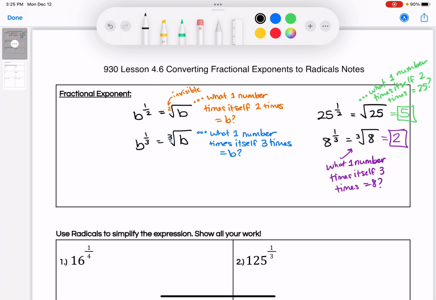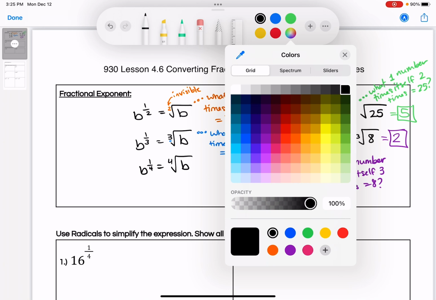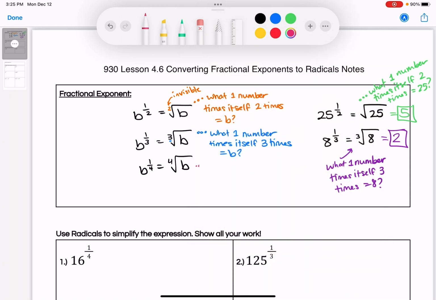So if I had b to the 1/4 power, that would be the fourth root of b. Fourth root means what one number times itself 4 times equals b.